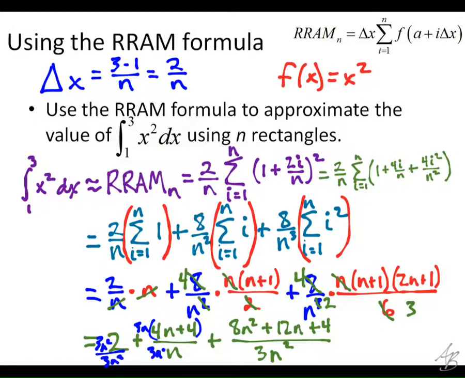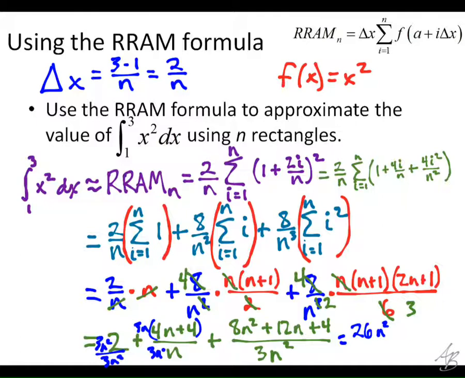And so what we end up with then is, let's just go term by term. We're going to have 6n squared here. We're going to have 12n squared here plus 8n squared here, is how many n squareds? 6 plus 12 plus 8, 26n squared.